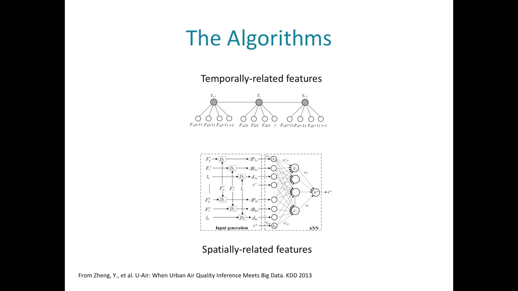And then the third component. We've seen that we need data sets. We've seen that we need to extract features from those data sets. The third component are the algorithms. Remember that in this case, the example that we put is that we need to predict the quality of the air using different features. We could predict the air quality based on previous values of the air quality, which is the temporally related feature.